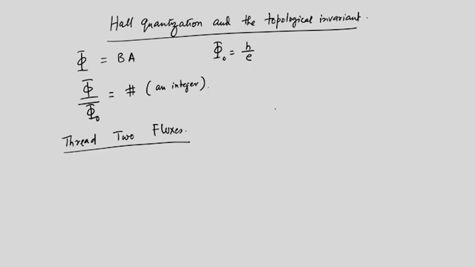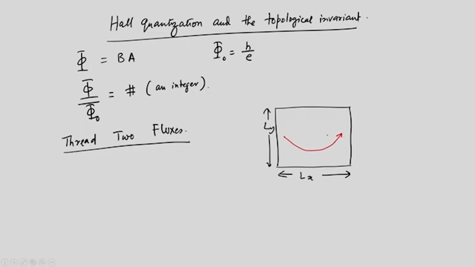Take a square system of length say Lx and Ly. Now, you use a periodic boundary condition, that is, you fold it in this direction and you fold it in this direction.